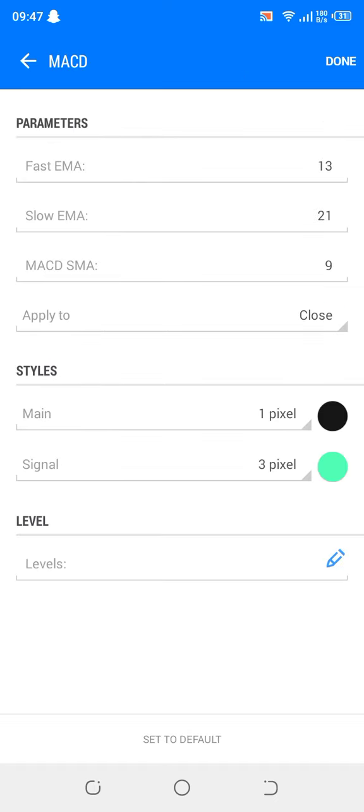So on the MACD, there's a thing. The fast EMA 13, slow EMA 21, MACD SMA 9, apply to close. Then on this tile you can choose colors of your own choice.